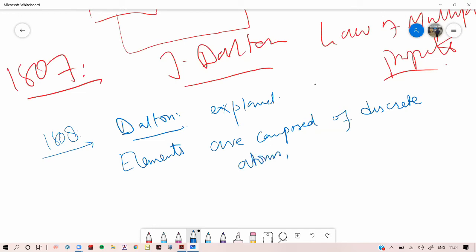For a given element, these atoms are all identical. It was proposed by Dalton in 1808 that for a given element, the discrete atoms are all identical and each atom has the same weight.